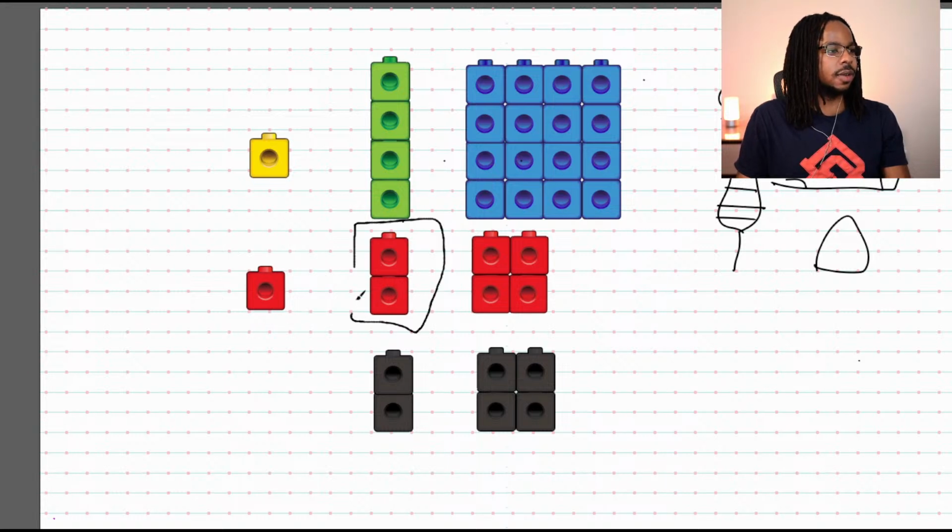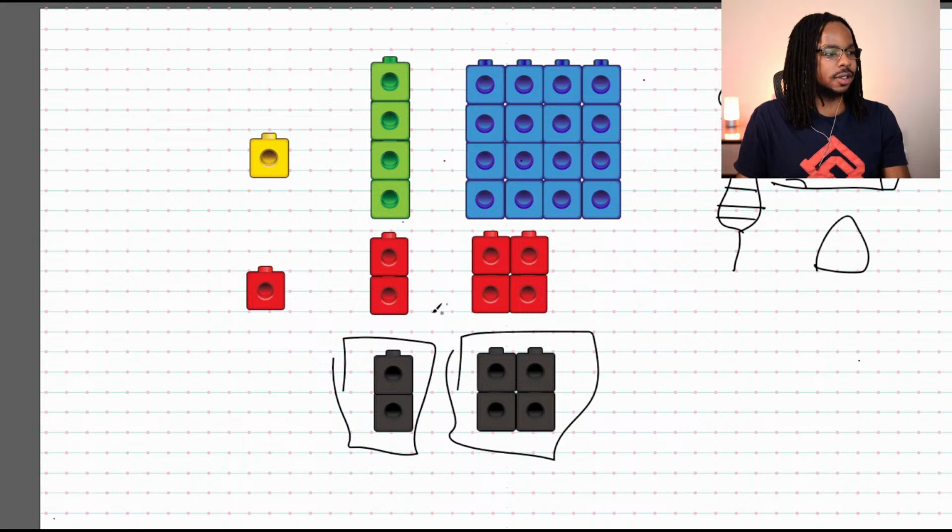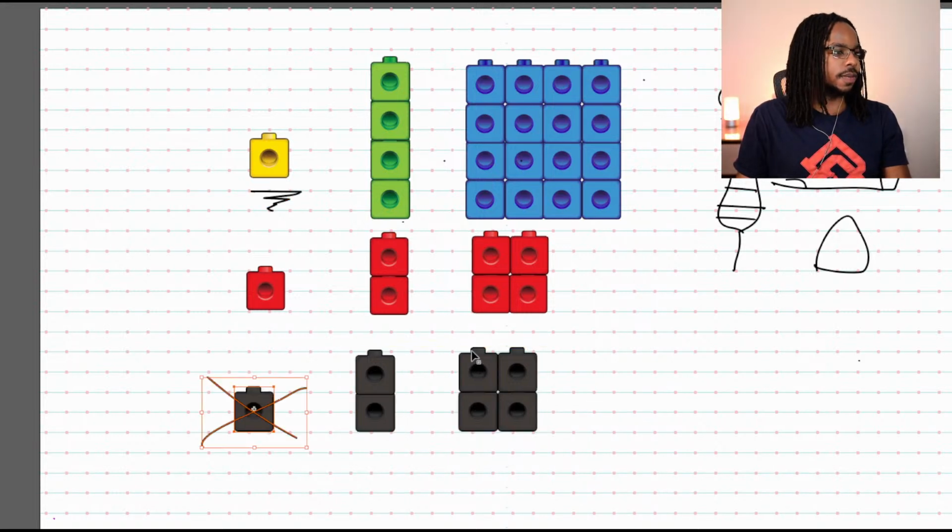What about this piece? A takeaway line. And then a takeaway square. Lastly, this piece right here, that'd be an unknown line. And this, an unknown square. Perfect, we are good to go. We're ready to start playing this game.